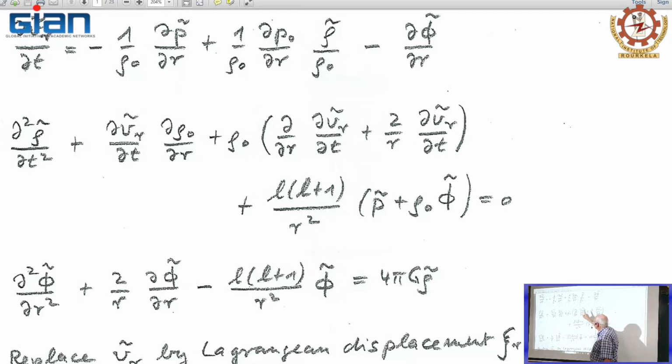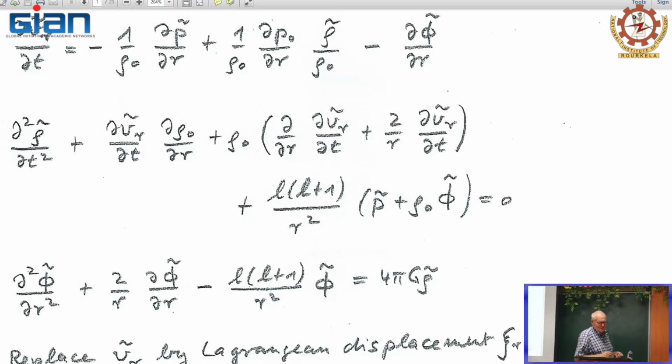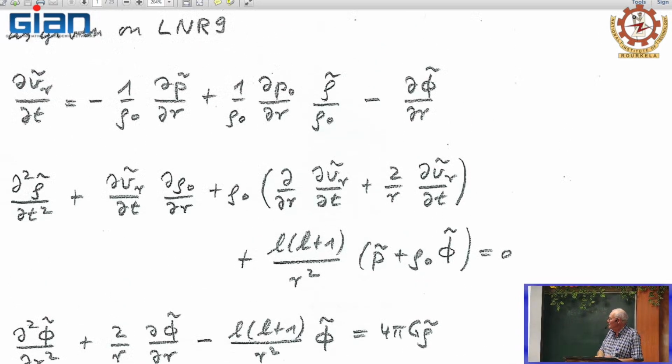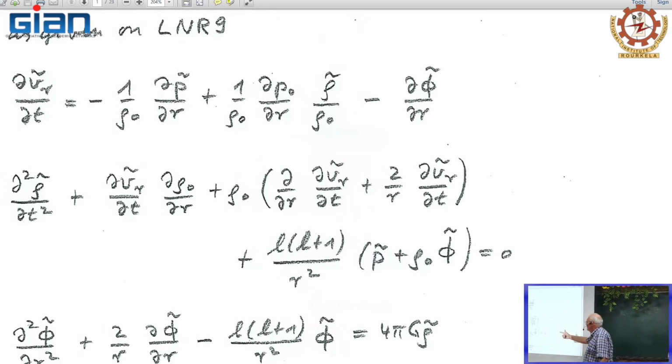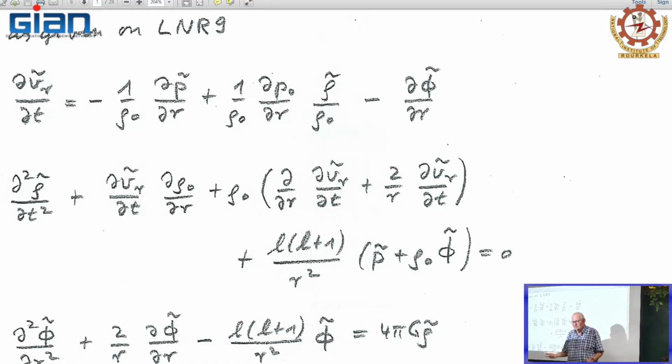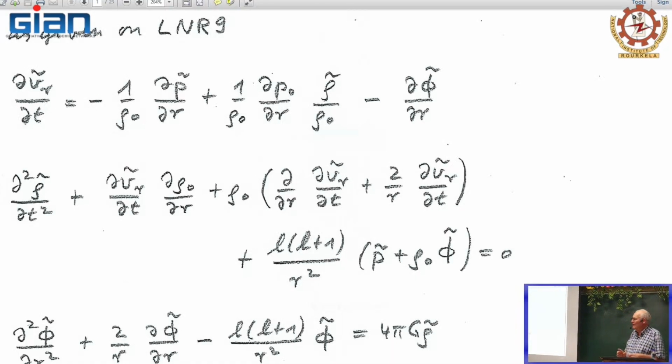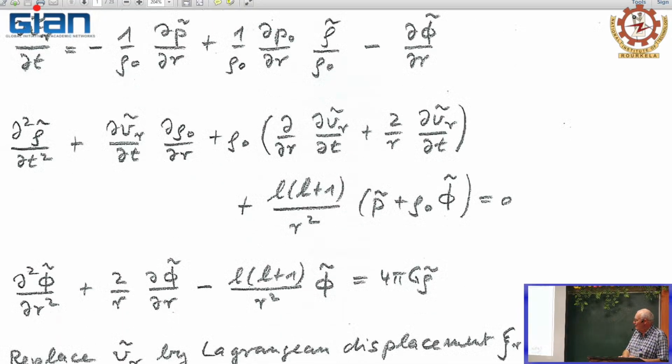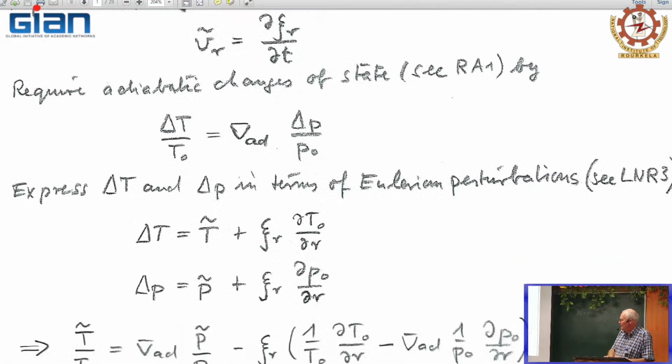Well, here there is nothing to do. In the first equation, the density perturbation will be replaced by the pressure perturbation. So we are left with pressure perturbation, the velocity perturbation, or alternatively the Lagrangian displacement, and the potential perturbation. So we have enough equations for the remaining variables which are left after these transformations have been done.